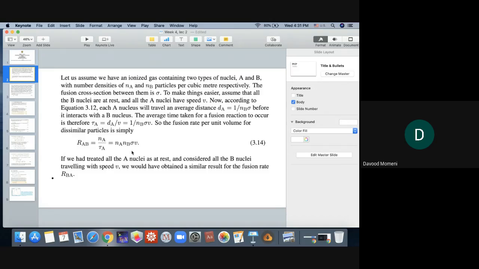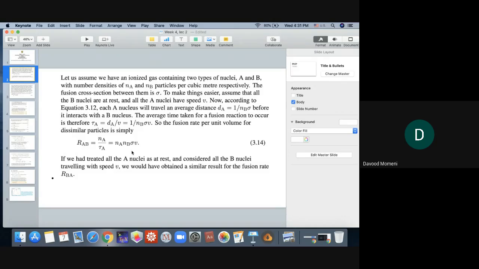Okay, if somebody else does the calculation in the opposite direction, vice versa, I mean, in the calculation in which we derived equation 3.14, we considered A moving and B at rest. If you invert the picture, if you think about A as a nucleus which is at rest and you shoot B at A, you will get the same equations.